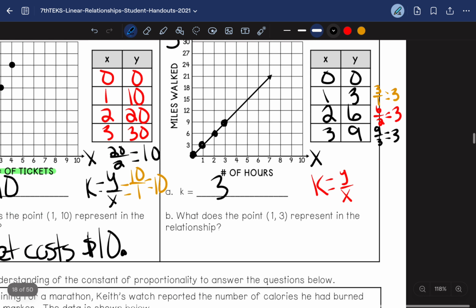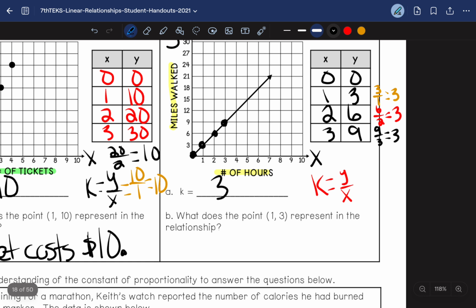All right, part B. What does the point 1, 3 represent in the relationship? So I'm going to go back and highlight. Remember, x values represent hours, and y values represent miles walked. So the 1 is the number of hours, and the 3 is the miles walked.